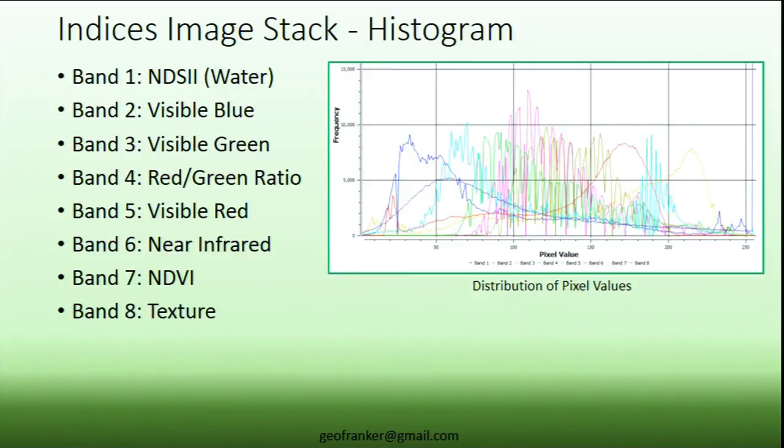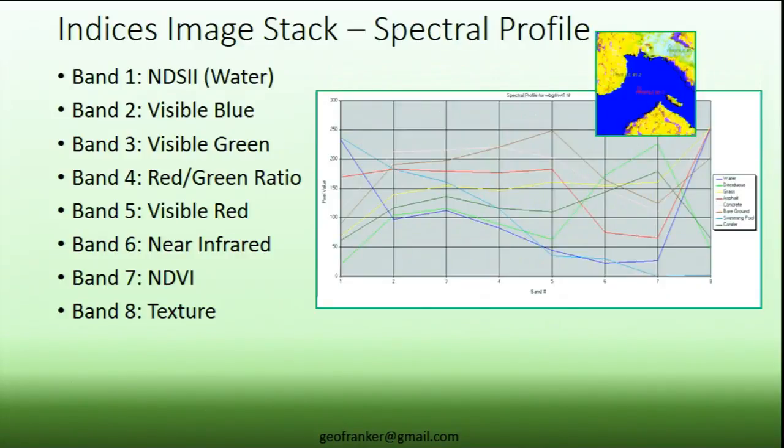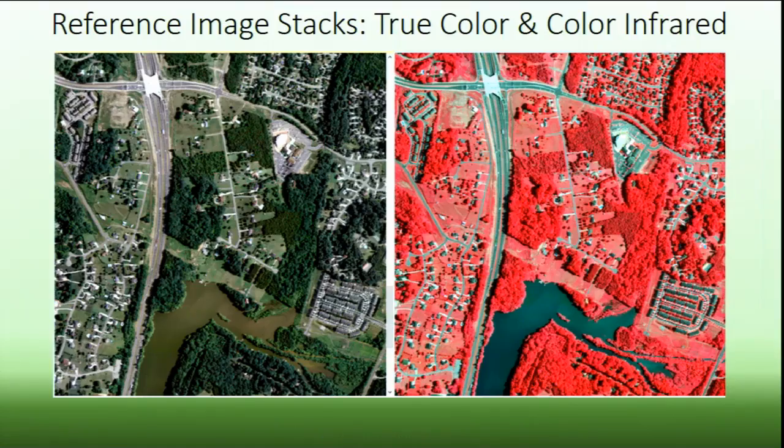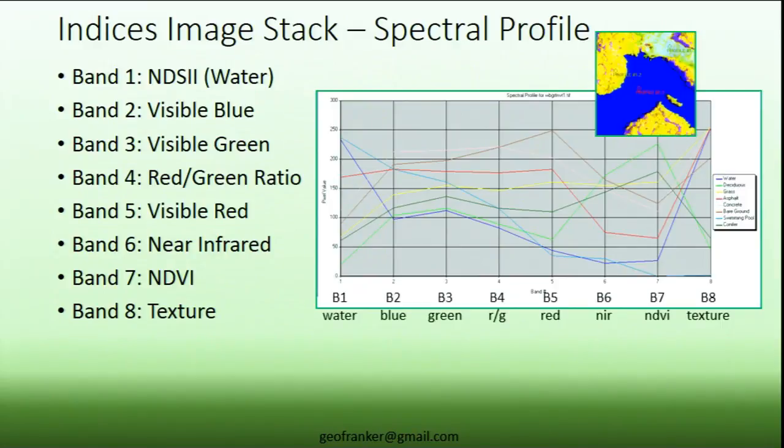so I can actually isolate them. And then when you put that same band stack and you start to pick points in your image, so I've picked a water point, a deciduous point, and a grass point, you can start to see the spectral profiles of each one. So band 1, band 2.